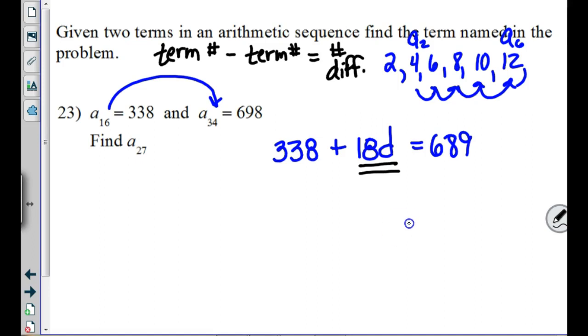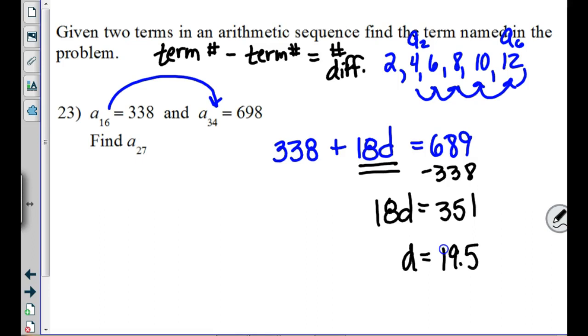How do we work backwards and find the difference then? Subtract 338, so 18 differences was a total of 351. Divide by 18, the difference is 19.5.